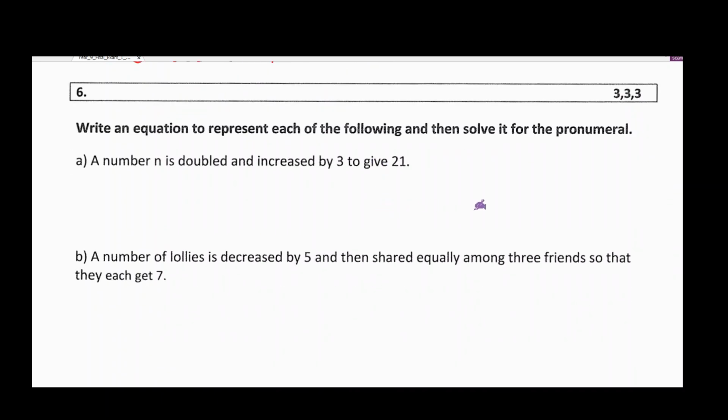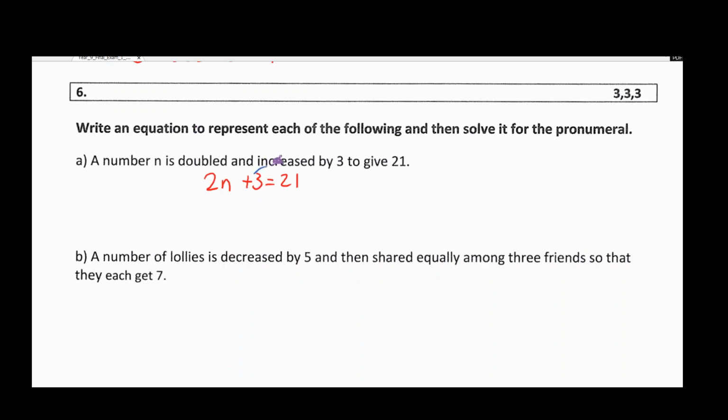Number 6. Write an equation to represent each of the following and then solve it for the pronumeral. A number n is doubled and increased by 3 to give 21. So number n is doubled, that's 2n. And then increased by 3, plus 3, gives 21. Now I need to solve this equation.